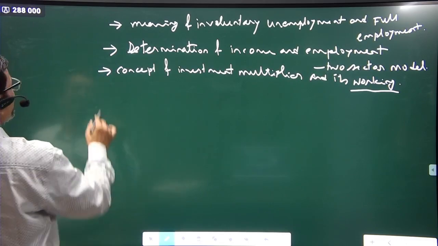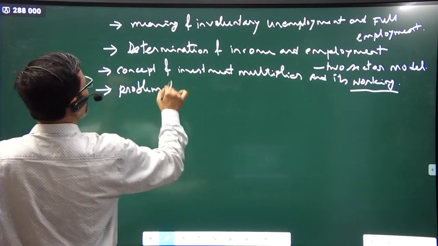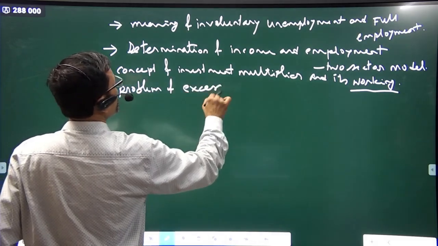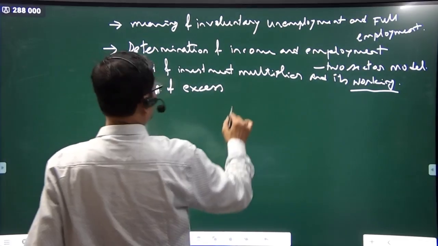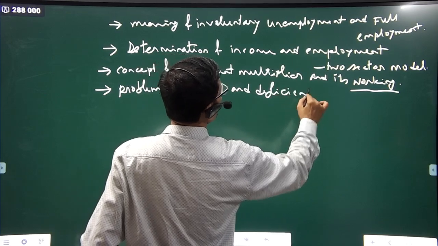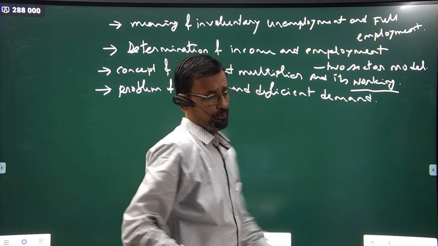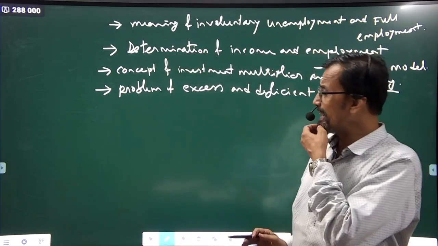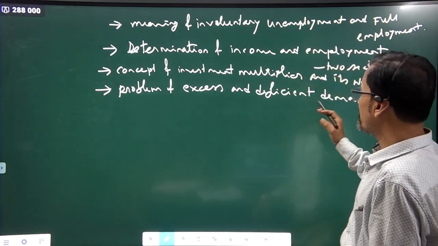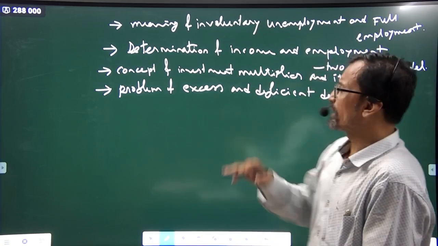Next, problem of excess and deficient demand. That means when the economy lacks demand, how does the economy pass through recession?